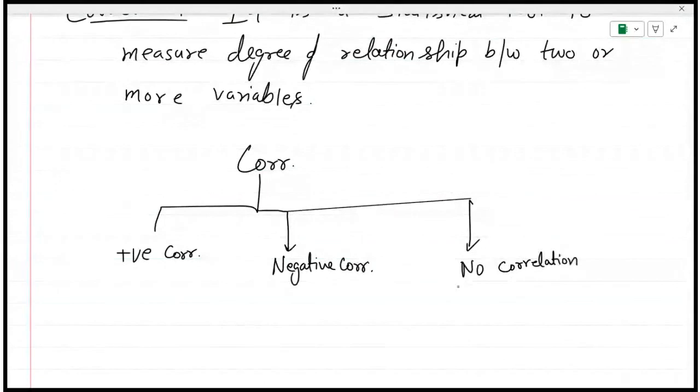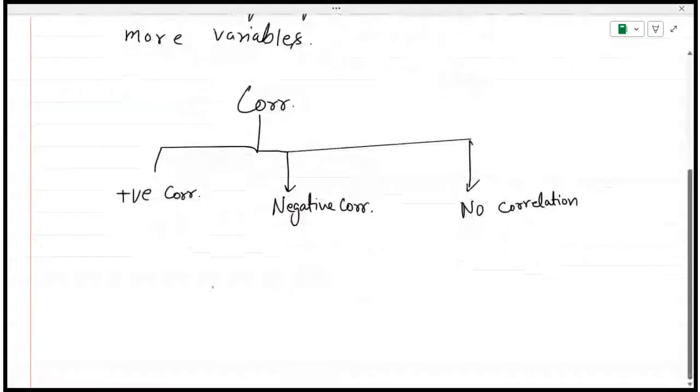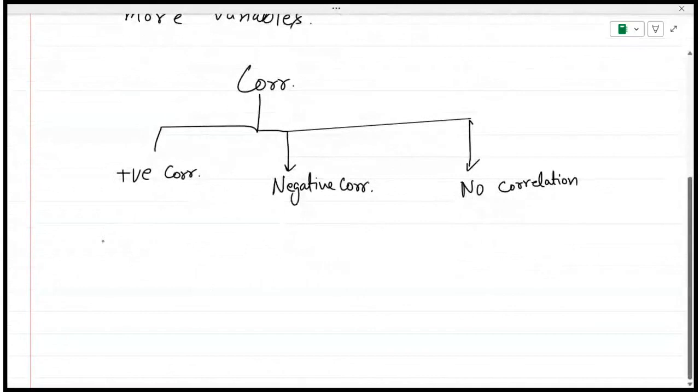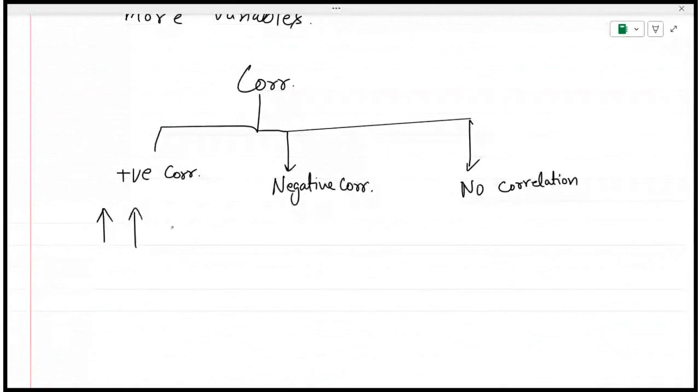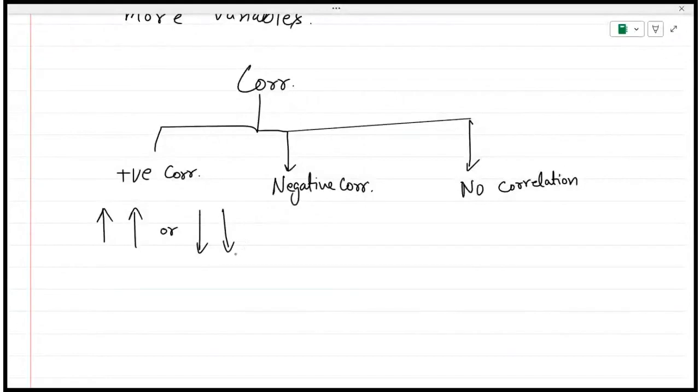So what is the meaning of positive correlation? Positive correlation means if we have two things and the first thing is increasing and the second thing is also increasing, or if the first thing is decreasing then the second is also decreasing, then we say there is a positive correlation.